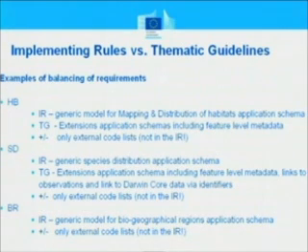Then there is this question of having reporting obligations kept out of the implementation rule. Well, what we did is, usually in the implementation rule, that is the core model of the data model, we have a generic model for mapping or distribution of habitats or for species distribution, and just the same for biogeographical regions. And the step to become specific is that we have extensions in the application schemas which include, for example, feature-level metadata.